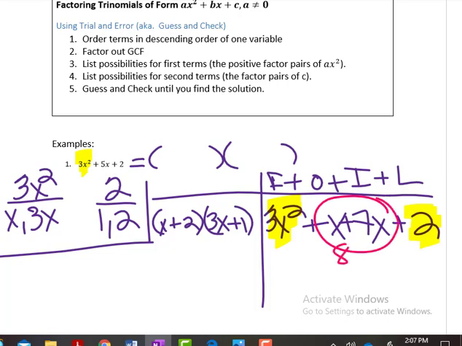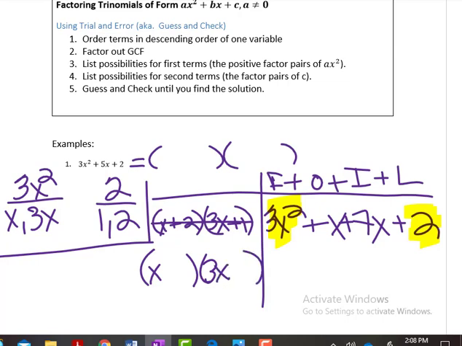Notice I have an 8x, and what I need is a 5x. So we guessed, we checked, it did not work. I'm just going to draw a line through this, but I still want to be able to see the work I've already done. All right, so now let's make a new guess.